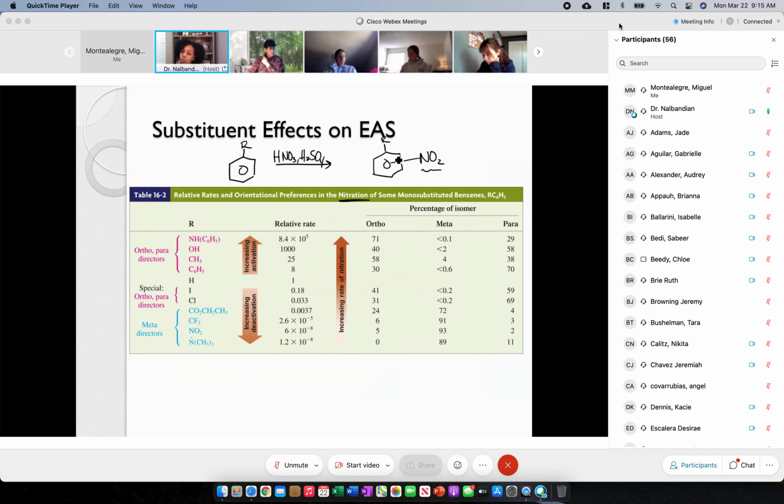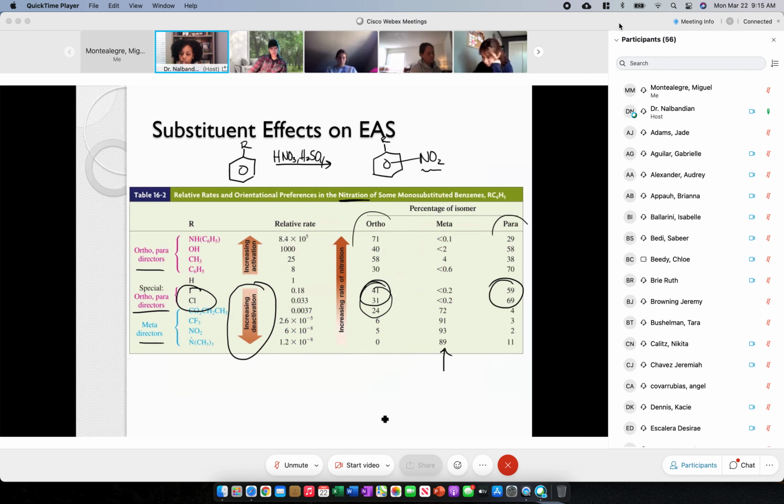I don't draw the bond to one of those. I'm drawing it through, which in organic chemistry means it could be bonded to any of these. So notice that for our ortho para directors, the ortho and the para products are going to be the major. Meta becomes major for our meta directors, but then for our halogens in the middle, even though they are deactivating, we're going to get mostly, sorry, I should just circle these, our ortho and our para products.